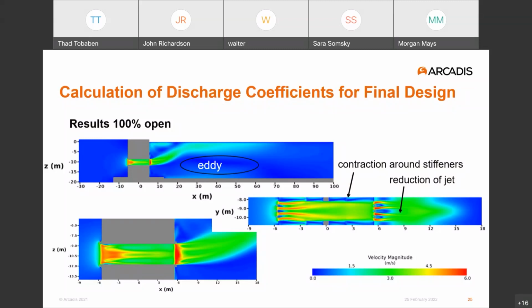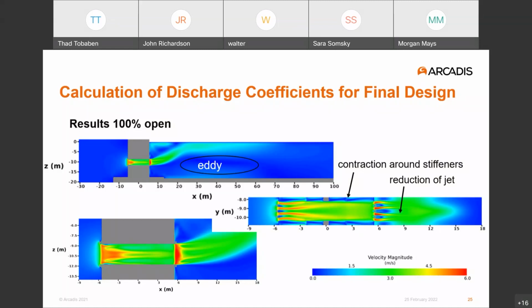And there were questions asked about whether or not it made sense to essentially seal those up, put a little wall in it so it's a smooth tube. The results of these calculations showed that they create a separation zone, but in terms of discharge coefficient their hydraulic effect is minimal. So it didn't make sense to recommend that those regions be closed off.